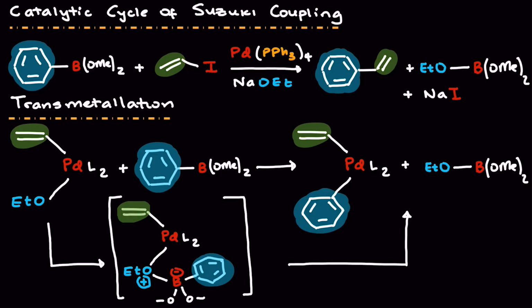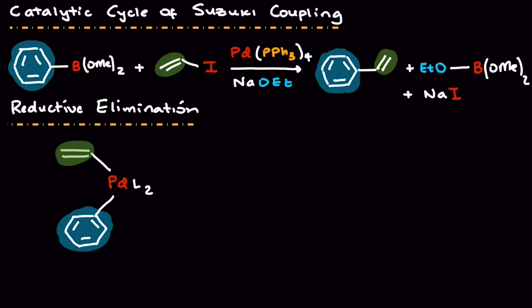All right, so now that we're done with the transmetallation, and now we have both groups that we want to couple onto the same palladium center, we can now do our reductive elimination step. All right, so we've seen this type of step in our Stille coupling. It's pretty much the same. So you have both your groups. They're now on the palladium 2. There is a nice propensity to form the carbon-carbon bond.